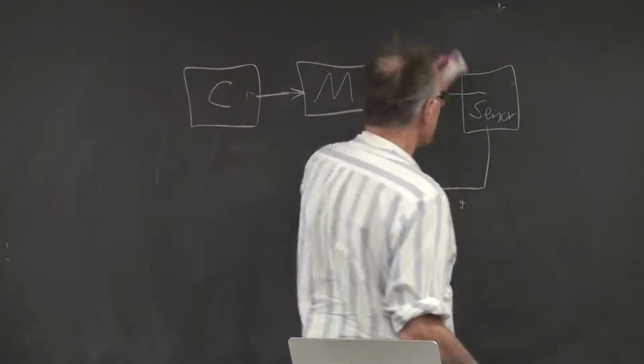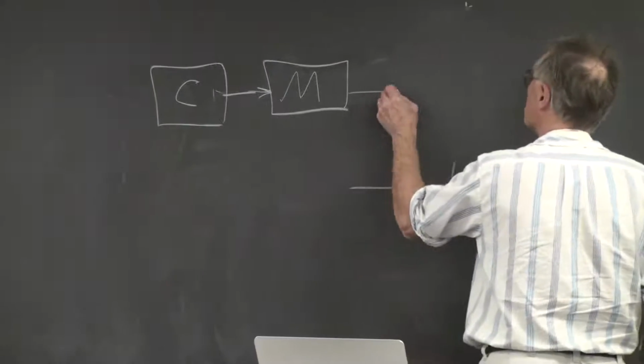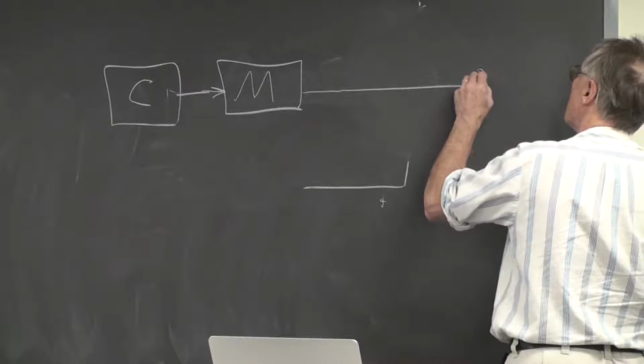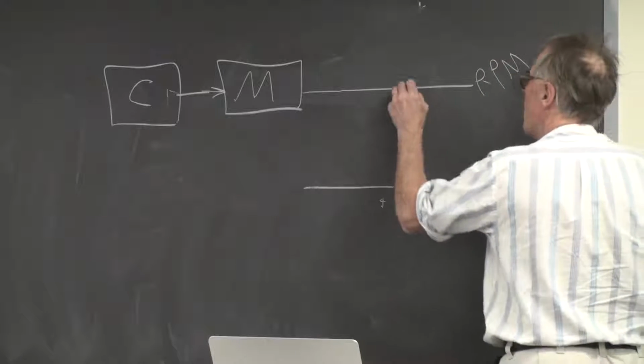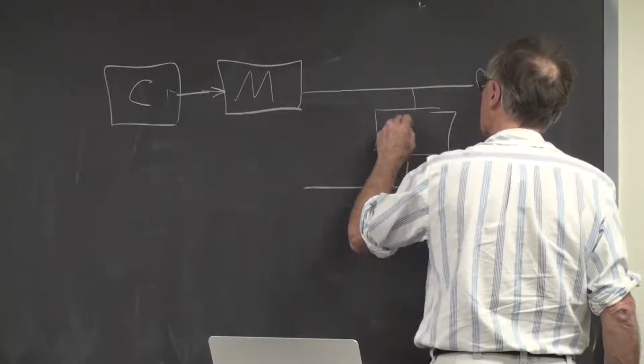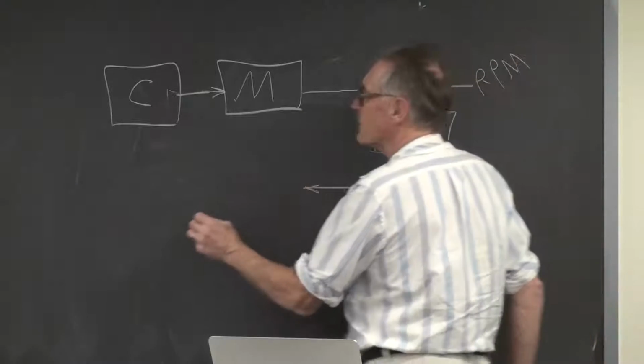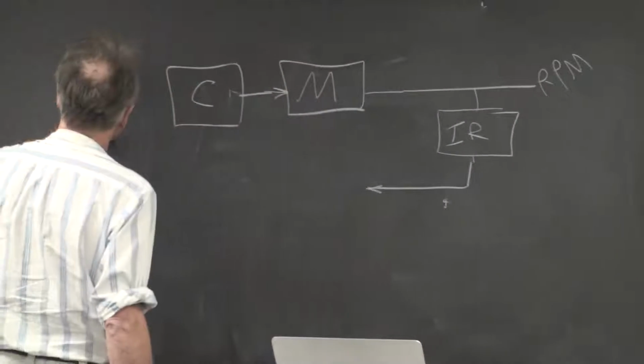So the output is really RPM. And we're going to feed this back through an IR sensor back to a summing junction.